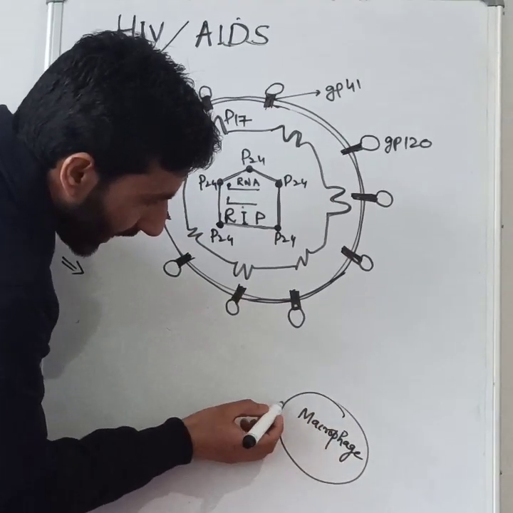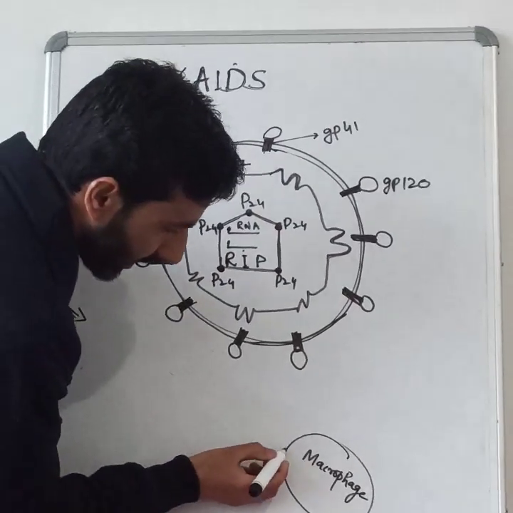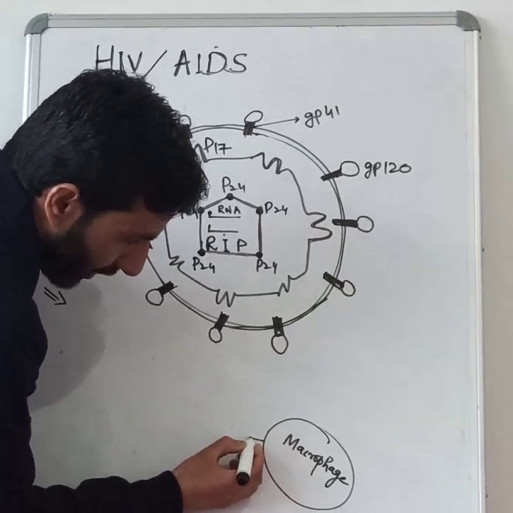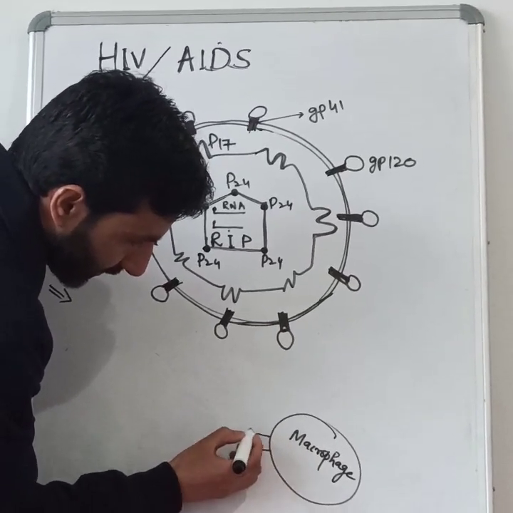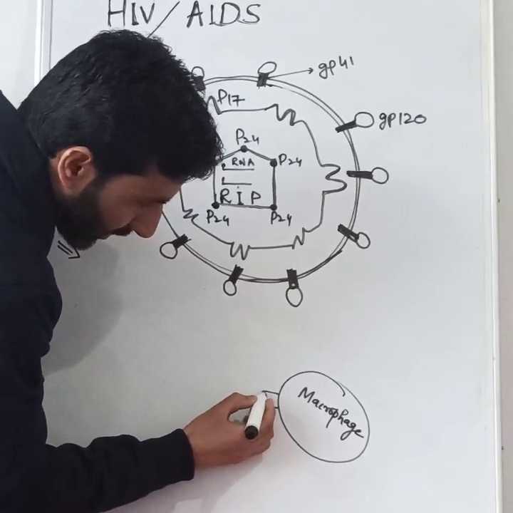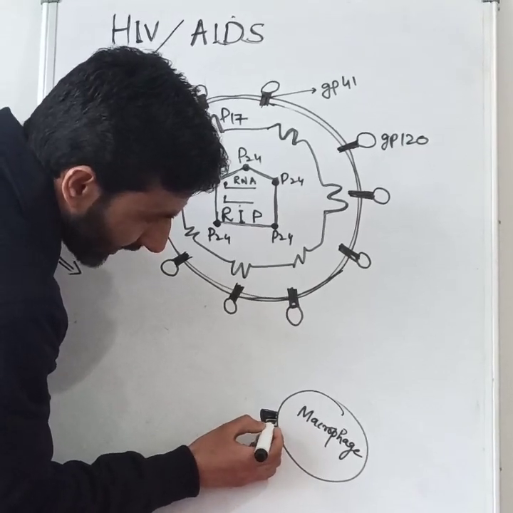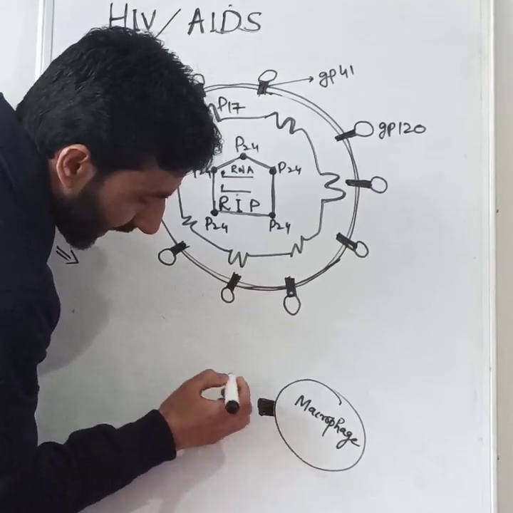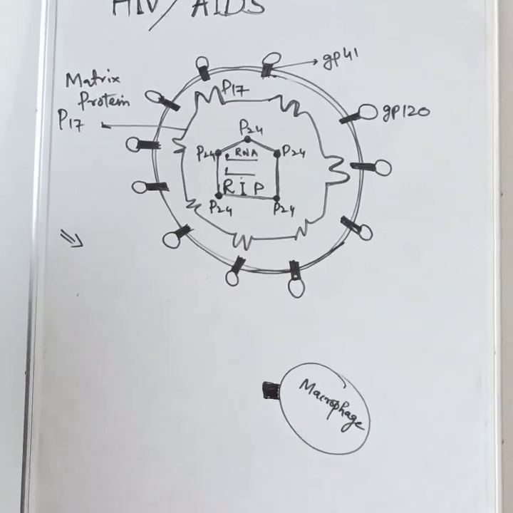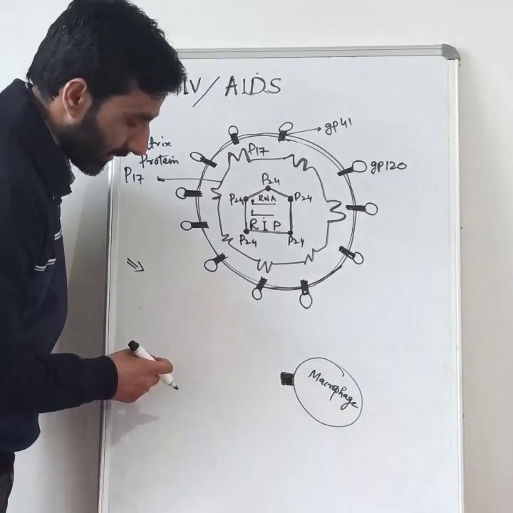This macrophage definitely will have the CD4 positive receptor. So this is the CD4 positive receptor of the macrophage. Other cells we discussed in the previous lecture which have CD4 positive receptors are the monocytes, helper T cells, microglia, and all those cells we discussed in the previous class.